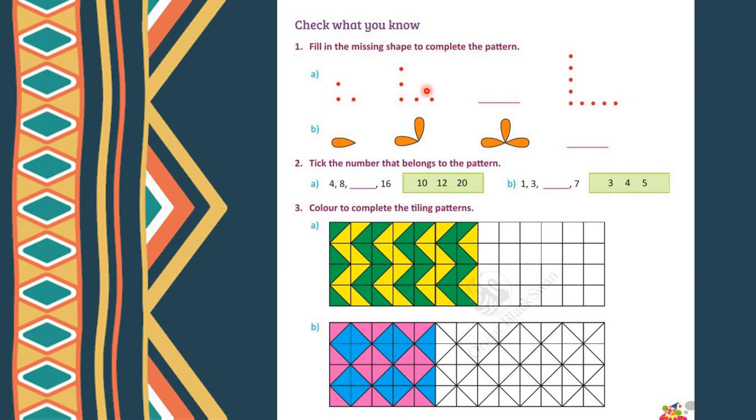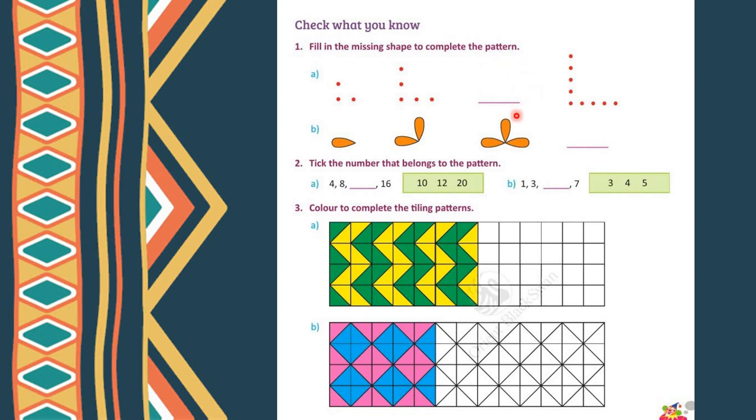You may observe that you have 3 dots in the second L as vertical line and 3 dots in horizontal line. And if you observe the last L in the pattern, how many dots are there in the horizontal line? Yes, there are 5 dots in horizontal line and 5 dots in vertical line.